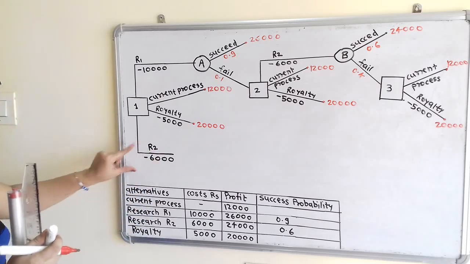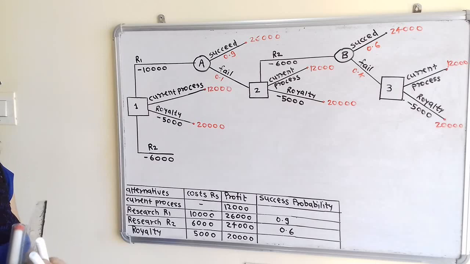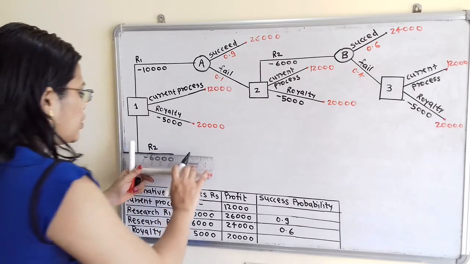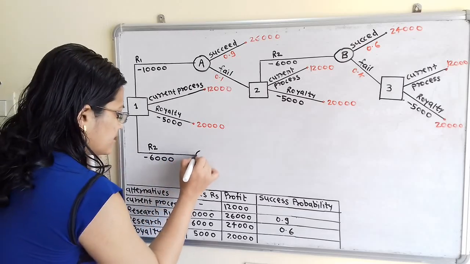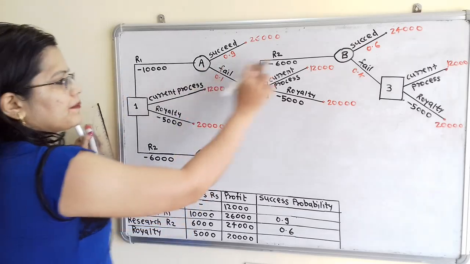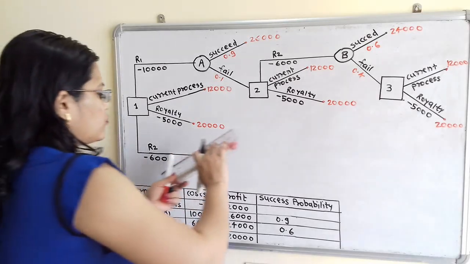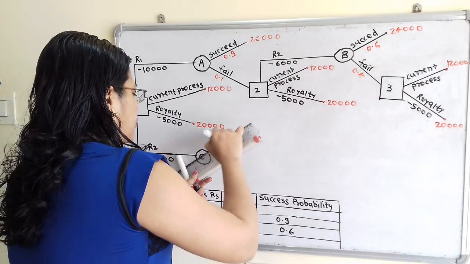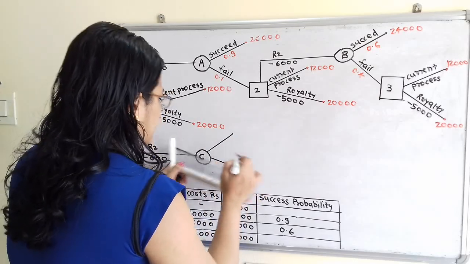Now we will move to the next. So here is research R2. For this research R2 again there are two chances of occurrence. These two chances we have to show with the event node. So A, B is there. Now the next event we will show with C, and the two chances we have to show with two branches.